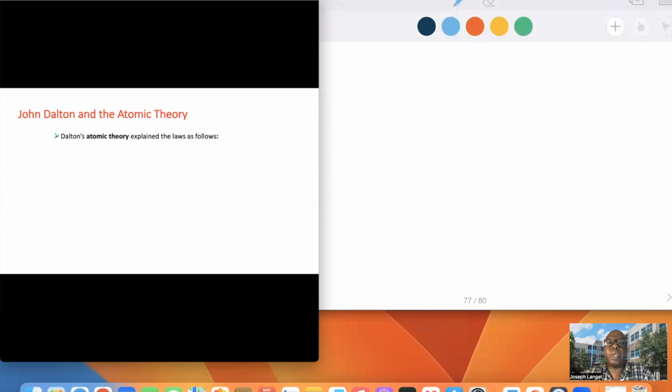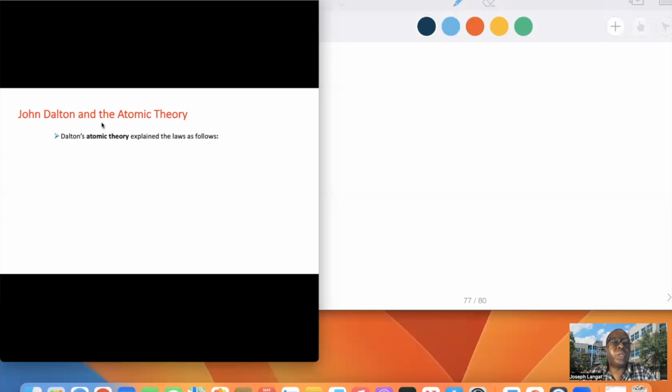John Dalton's atomic theory: he proposed it based on the three laws. Someone came up with the law of mass conservation, they proved it, but they couldn't explain why. The law of definite composition, they couldn't explain what's going on. And the law of multiple proportion, there was experimental evidence for all those laws. Remember in chapter 1, we talked about a law: a hypothesis has to be tested multiple times before it is elevated to a law.